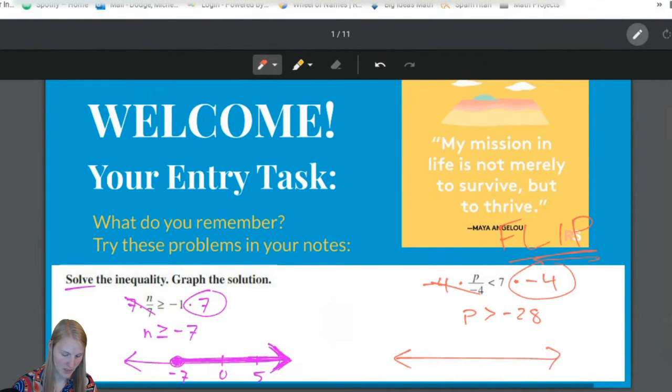So I have 0, I have -28, and should my circle be closed or open? It should be open, because it is strictly greater than. So, open. And now I want p greater than -28. So what are some numbers that are greater than -28?